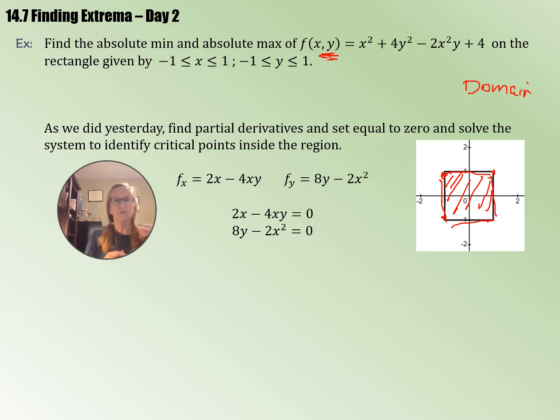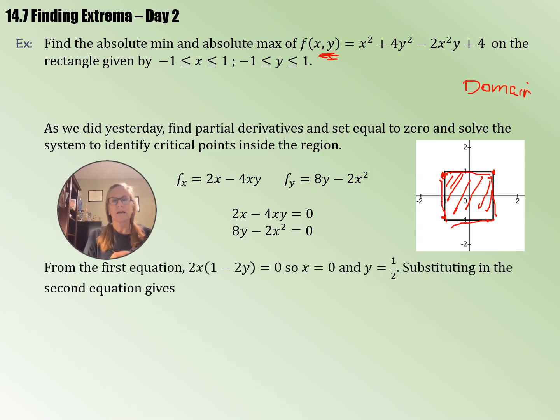I'm going to take that first equation, factor 2x out, and get x is equal to 0 and y is equal to 1/2. So that's case 1 and case 2. Case 1, when x is 0, plug that into 8y minus 2x squared. Case 2, when y is equal to 1/2, plug that into 8y minus 2x squared and get me my candidates. So I have 3 candidates. Or do I?